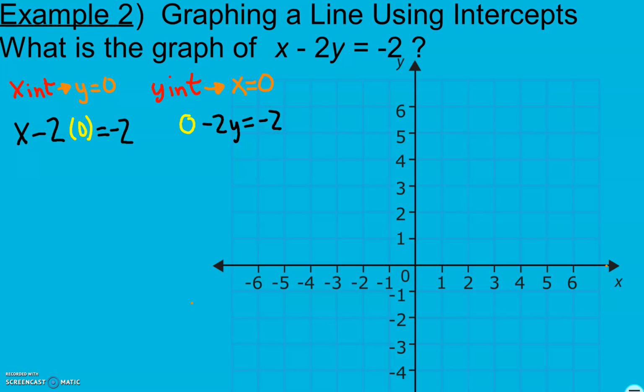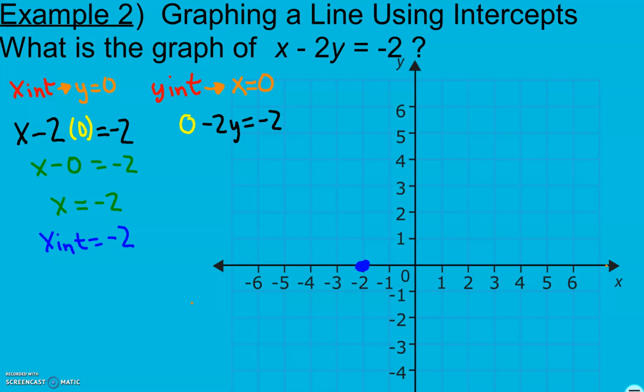We want to simplify if we can. So multiply, subtract, and here I get x equals -2, which means that my x-intercept is at -2. So on my x-axis at -2, I have a point.